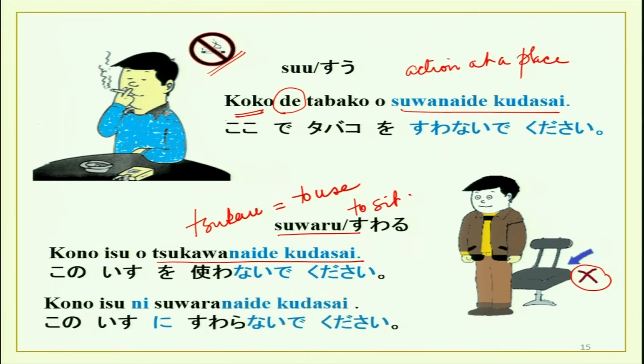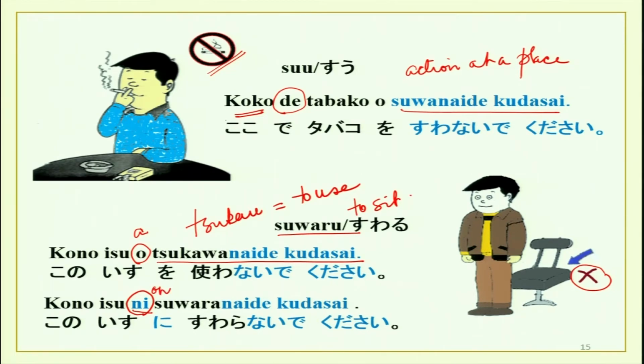So what else do we have? Kono isu ni suwaranai de kudasai. Please remember that isu o tsukawanai de kudasai and isu ni suwaranai de kudasai, because you sit on the chair and you use a chair. Is it clear?